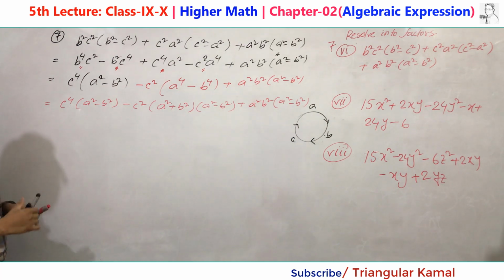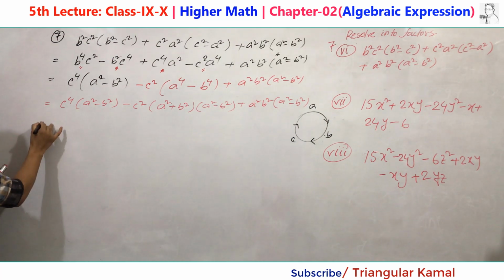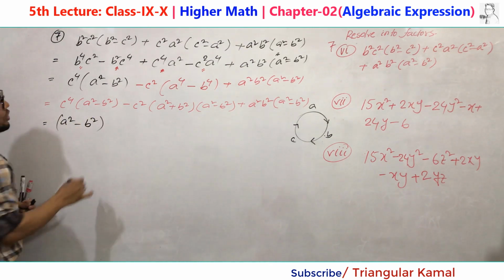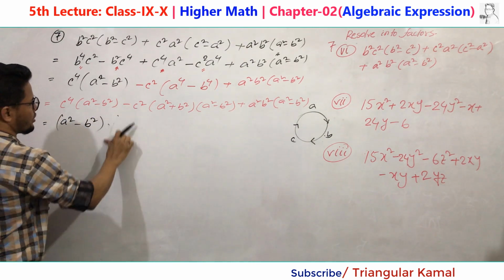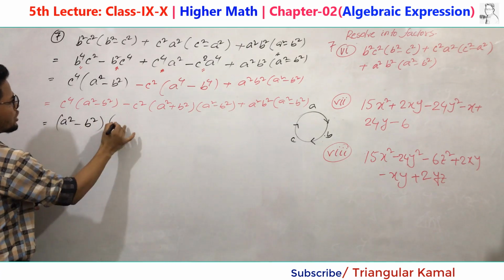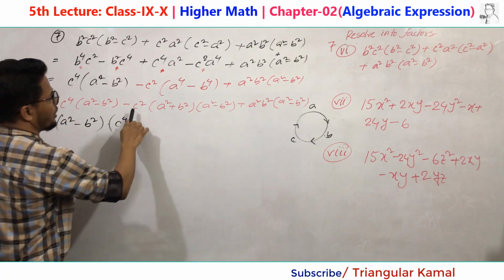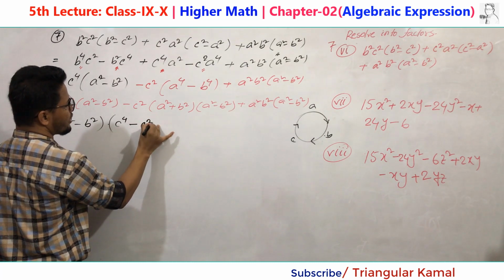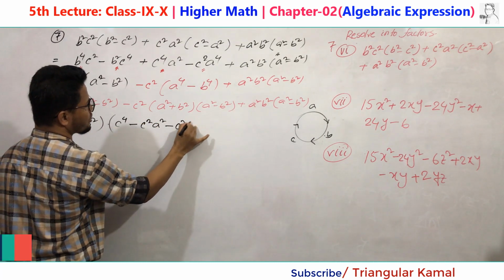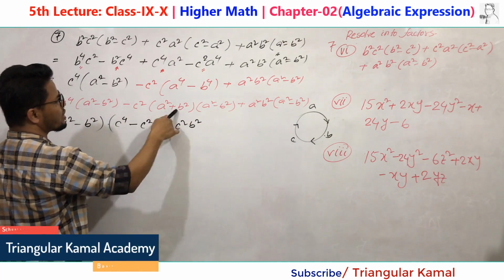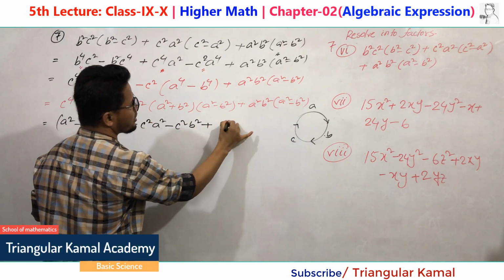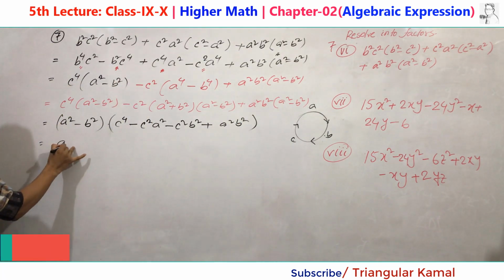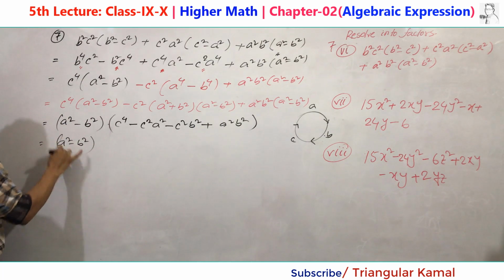In all cases we see a square minus b square, so we can take it common. Which are remaining here? c to the power 4 remains, minus c square a square minus c square b square, or plus a square b square. And now this one is a square minus b square.